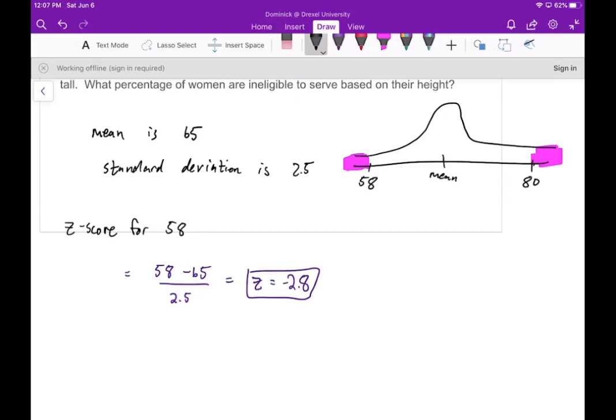And if we do the z-score for 80, I would do 80 minus 65 over 2.5, and that would give me 15 over 2.5. And I want to say this would give me a 6. Yes.